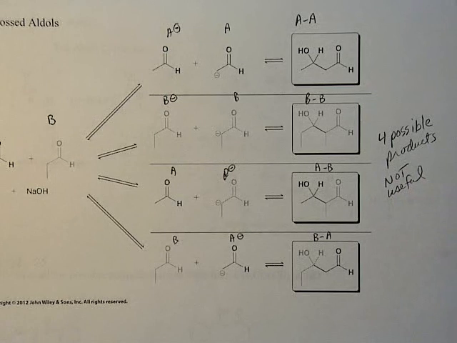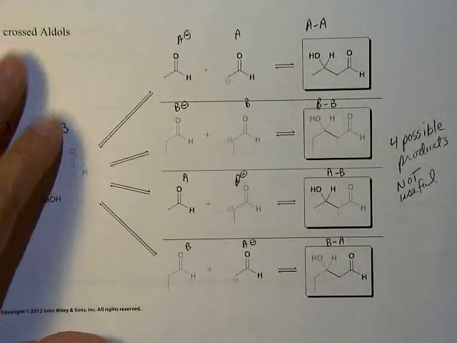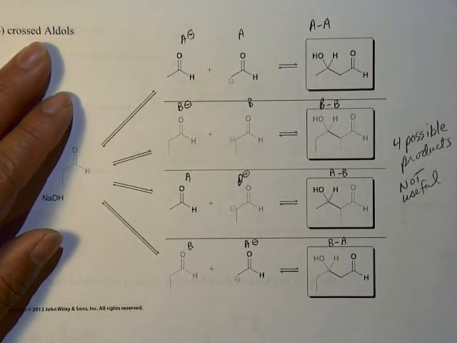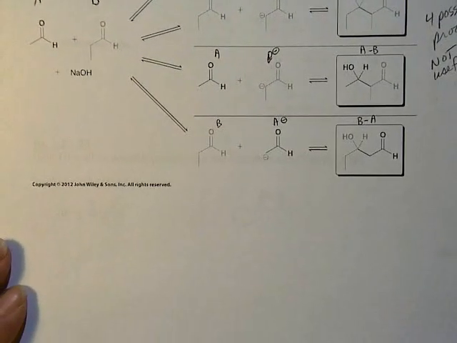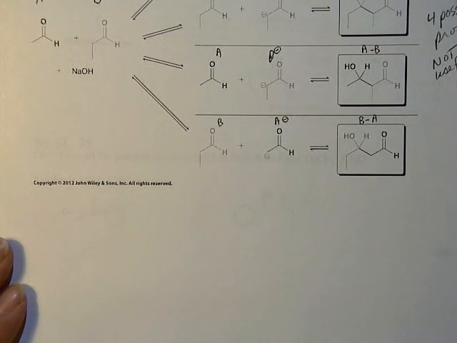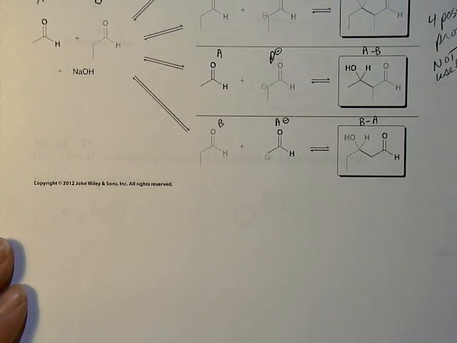All right. So there are ways to get around this problem. If you wanted to do a crossed aldol, in other words, we don't want to do a self reaction, but we want to react two different carbonyls to make the aldol product, then what are some of the tricks that we could use?